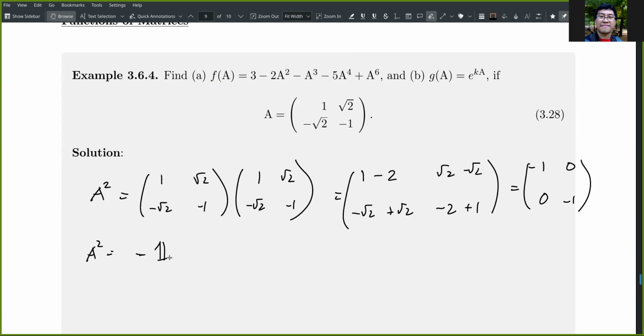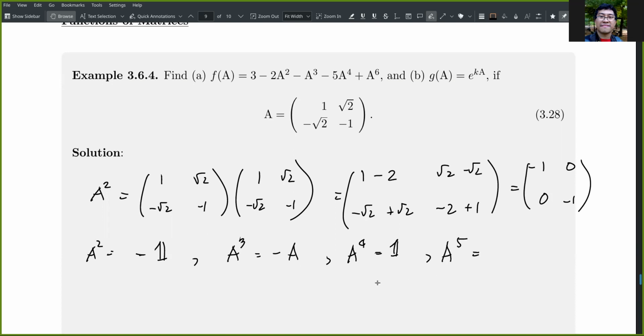You can write the 2 here, or you can also omit it. I will omit that. So that's A squared. For A cubed, you just multiply this by A. That would be negative A. For A to the fourth, you multiply this again by A. That would be the negative of negative 1, so that's 1.